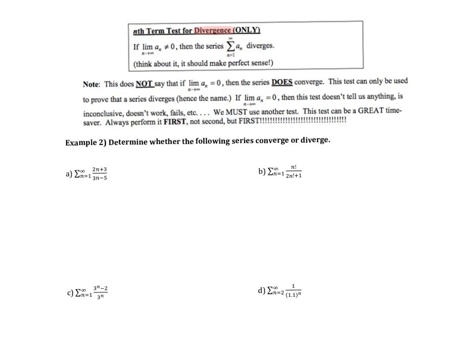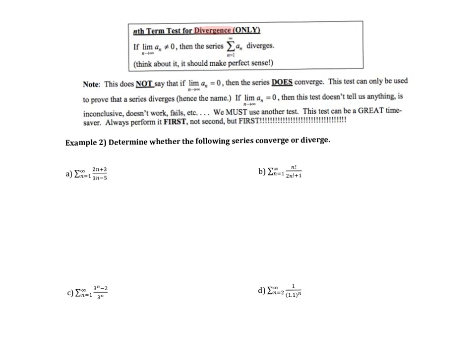And it says if the limit as n approaches infinity of a sub n is not equal to 0, then the series diverges. And if you think about it, that totally makes sense. If the terms of a sequence are not going to 0, it's impossible for the series to converge. So that limit has to be equal to 0.